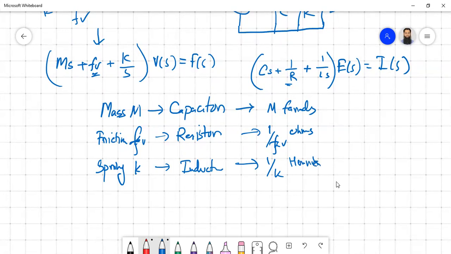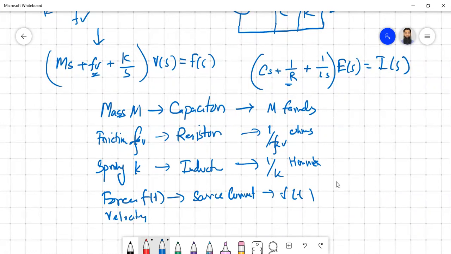Now, what about the force? Force F(t) is analogous to your source current, and your velocity v(t) will be represented by the node voltage. So node voltage, v(t).